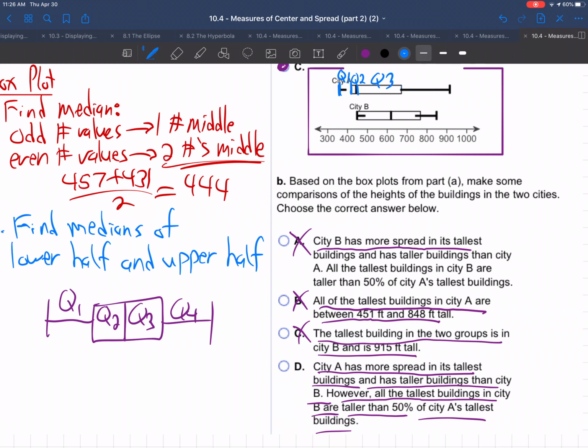And then Q3 is there, a big section, and Q4 is there. So up to half into the second quarter, halftime, half the buildings in City A. B is above half the buildings in City A. That's true.